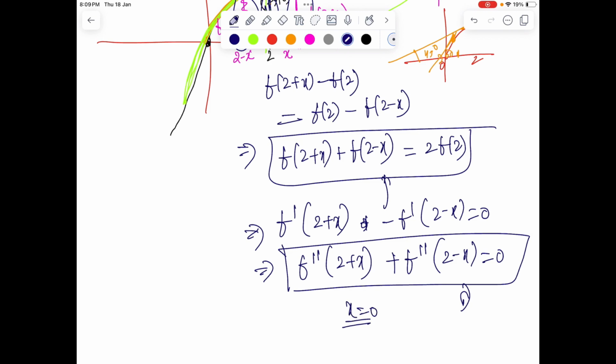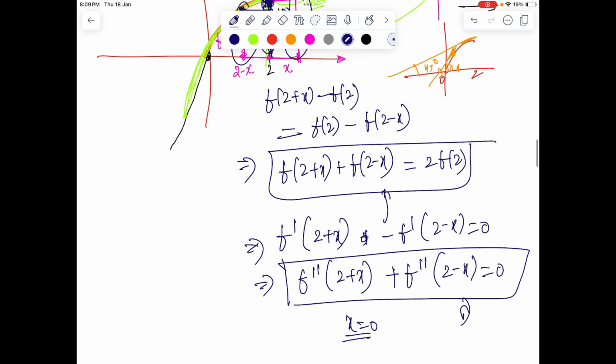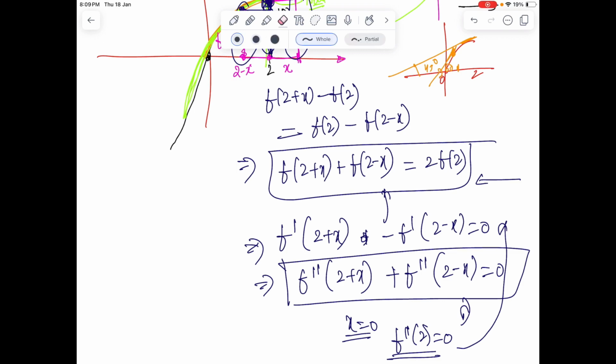And if it is true for all x, definitely it will be true at x equal to 0 as well. So if f of 2 plus x plus f of 2 minus x is some constant, then from here I can conclude f double dash 2 is 0. You can basically reverse the steps and take a generalized cubic, in fact, if you want to prove, and you can see about the point of inflection the cubic will be symmetric. Clear?